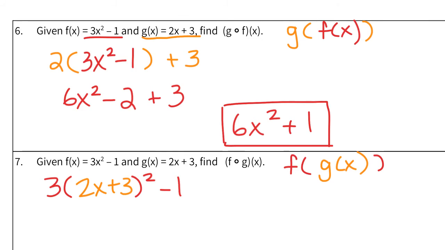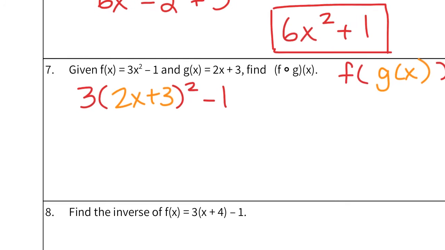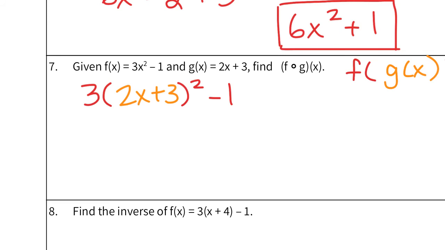This one's going to be a little bit longer than the first one because I have a binomial being squared. So we need to do either box method or FOIL, whatever you want to do. So I'm just going to rewrite this because anytime I have something squared, I know that it's there twice.